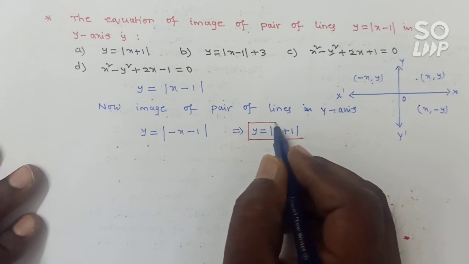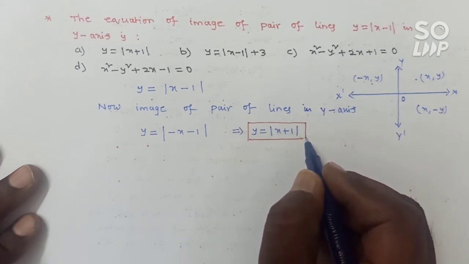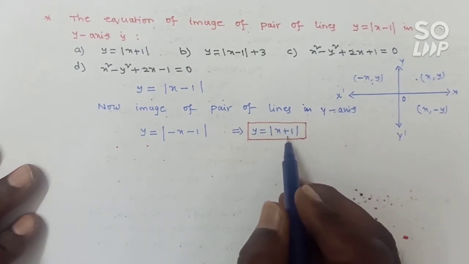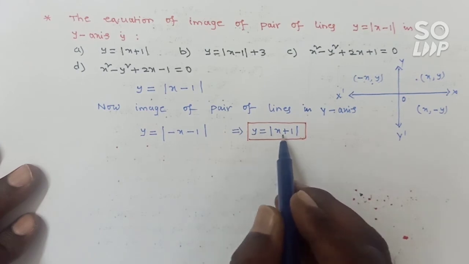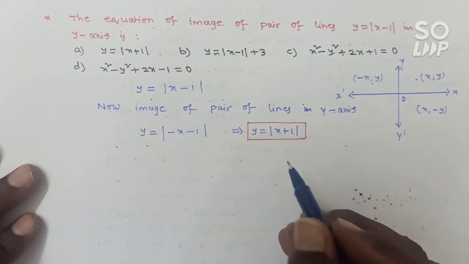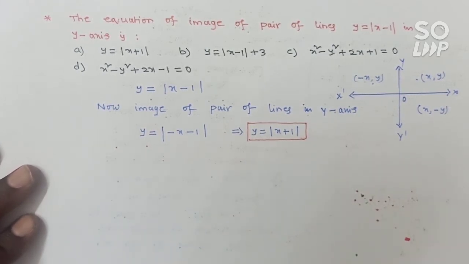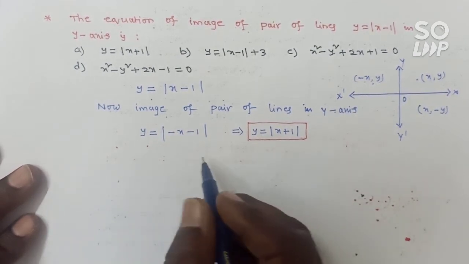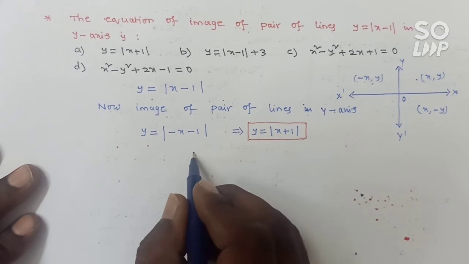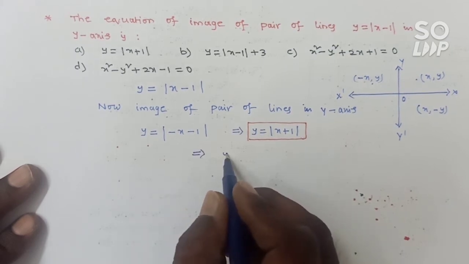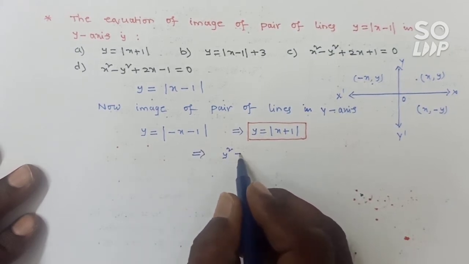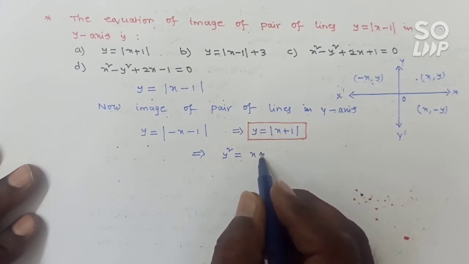But in the same equation, modulus means plus or minus. Now you can also write that pair of equations. How can we write that pair of equations? Now squaring on both sides, that implies y square is equal to x plus 1 whole square.